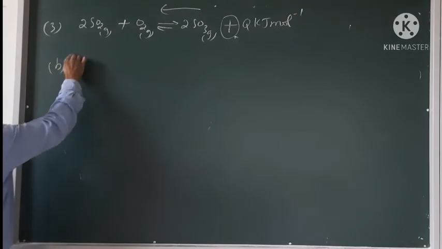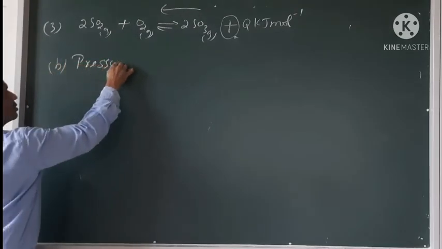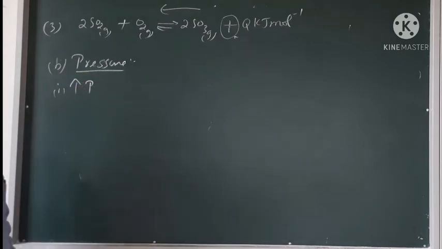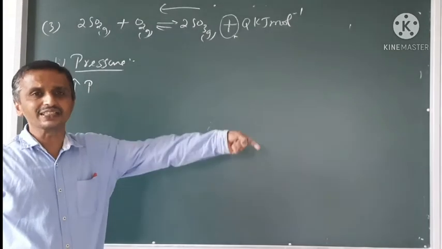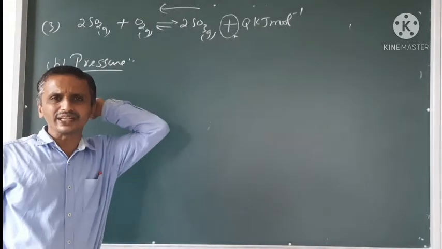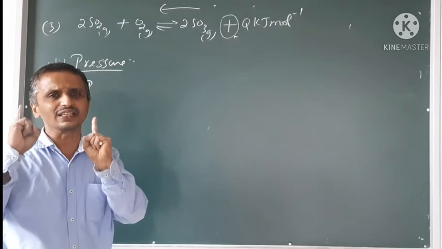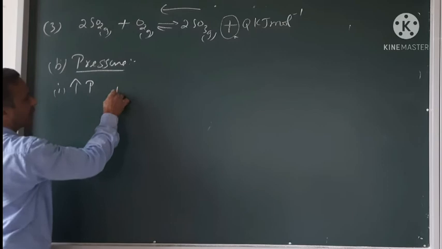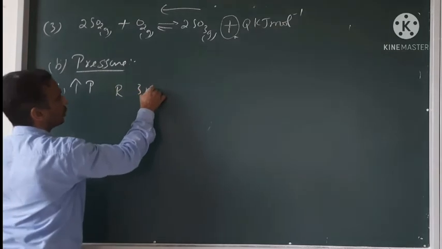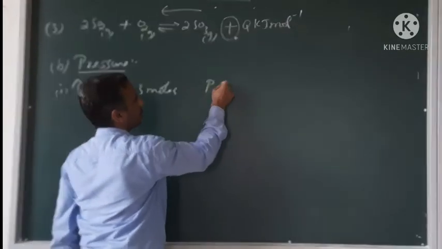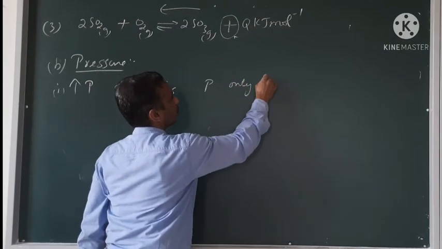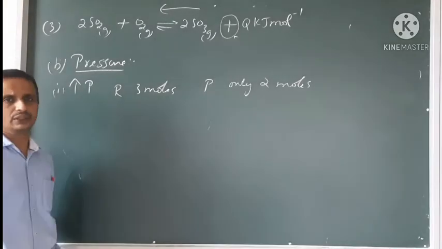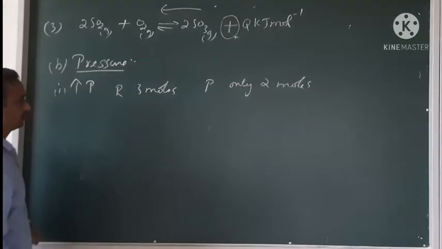Now, pressure. What I do is, I go for an increase in the pressure. When the pressure is increased, the reaction tries to decrease the pressure by decreasing the number of moles. Remember here, in the reactant there are 3 moles, in the product only 2 moles, which means in the forward reaction there is a decrease in the number of moles.